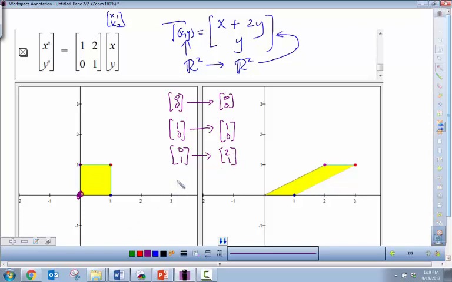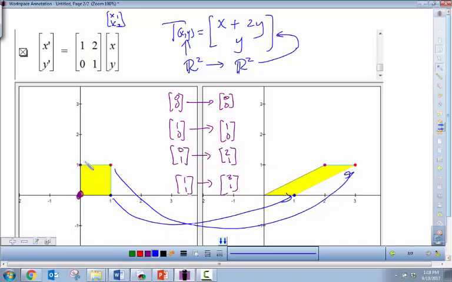And then finally 1, 1 goes to 3, 1. And you can see this mapping with the picture. That's what's nice about being able to see this using a picture, because you can see where those points go and how they move.